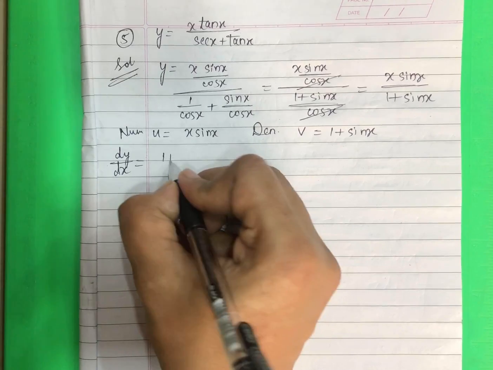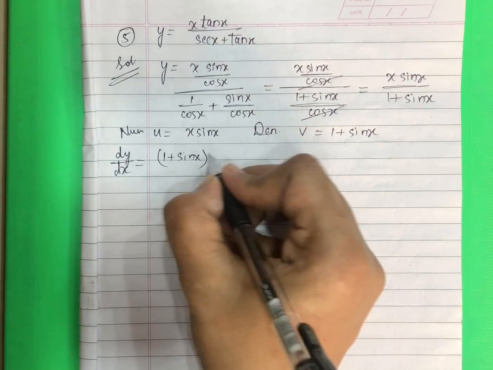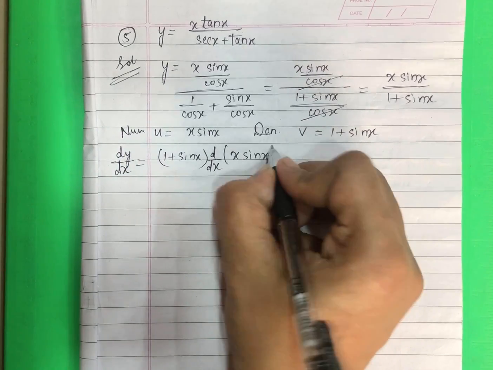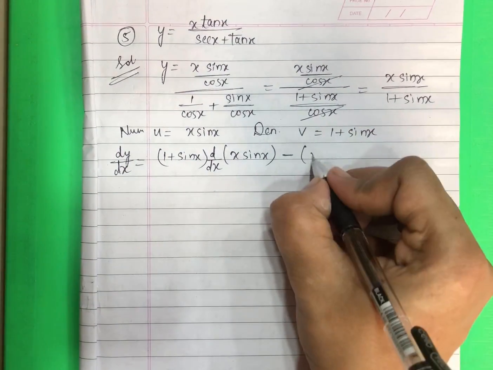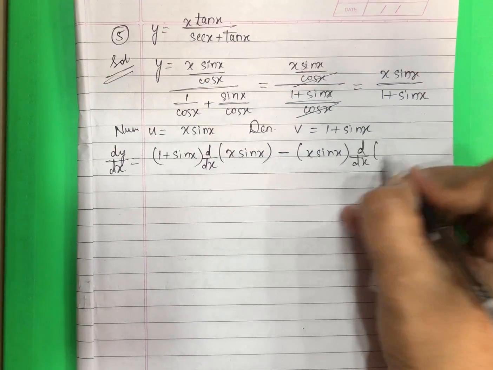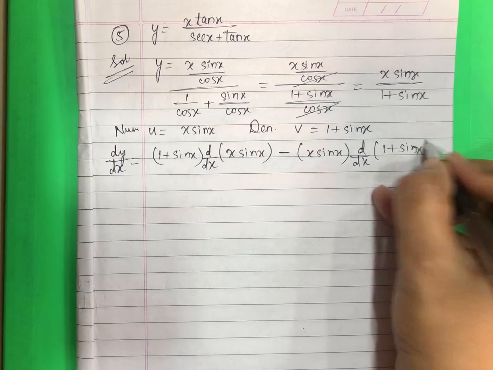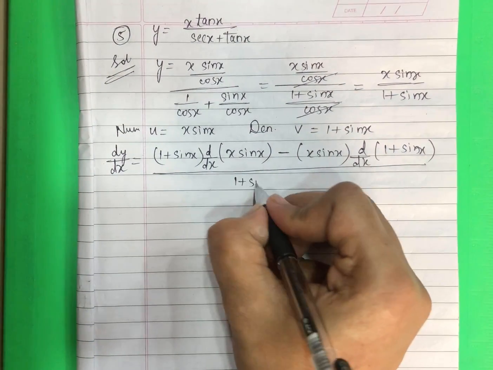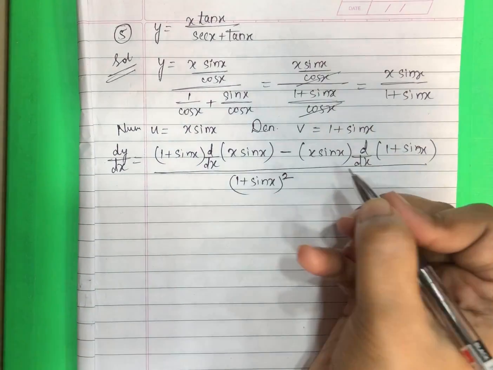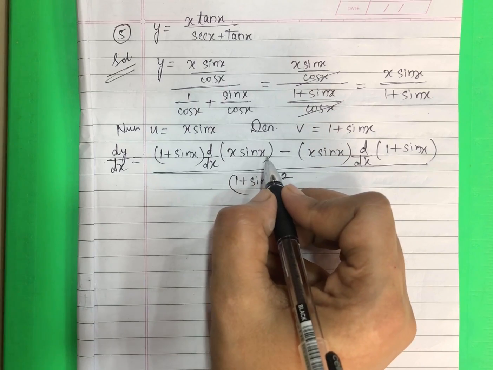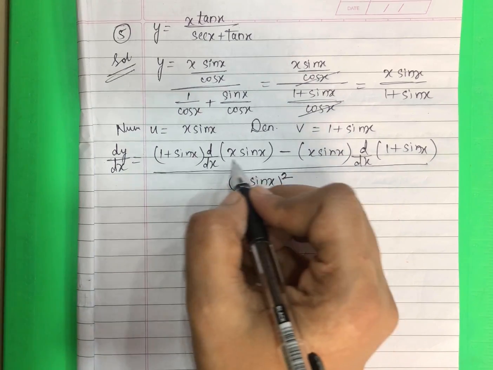So v, 1 plus sin x, into d by dx of u, that is x sin x, minus x sin x, that is u, into d by dx of v, that is 1 plus sin x, whole upon 1 plus sin x whole square.